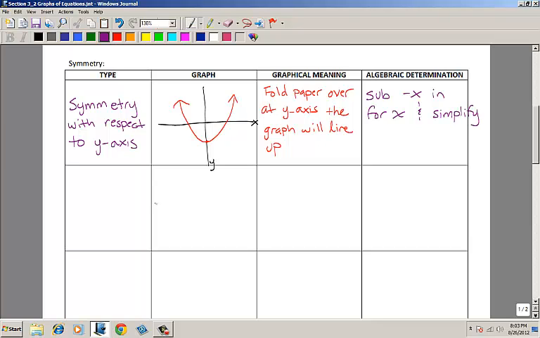If you end up with the same equation, I want to say with the original equation, then you're symmetric with respect to the y. And I'll just say symmetry with the y. Okay? So algebraically, we would plug in a negative x in place of our x, and if we end up with the same thing after I simplify, then I would know, yep, I am symmetric with respect to the y-axis. Okay.